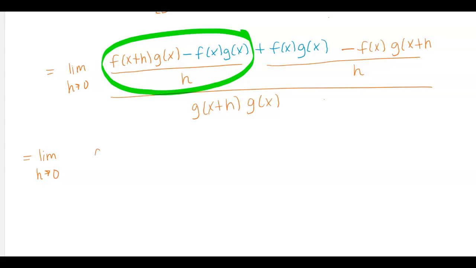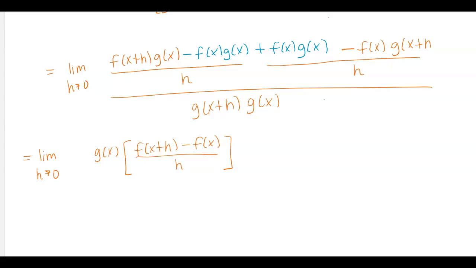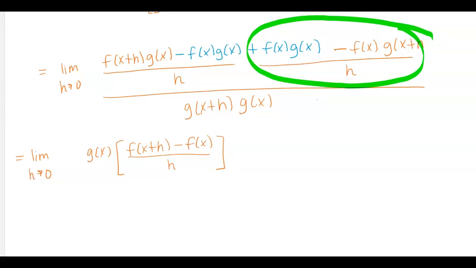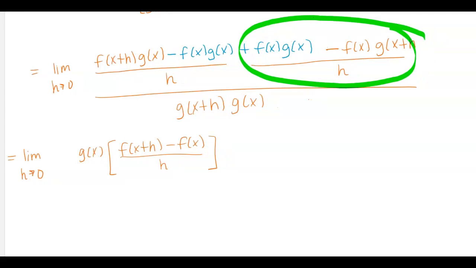So I'll have g of x factored out of both, and then what's left is f of x plus h minus f of x over h. Then looking at this second set of terms, I'm going to factor out an f of x.